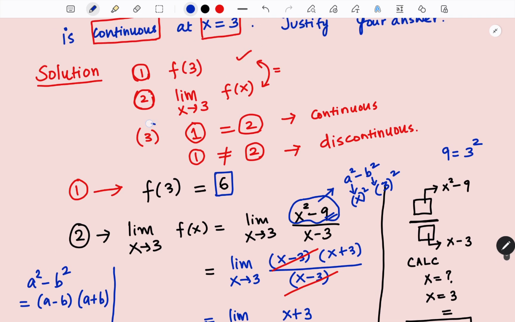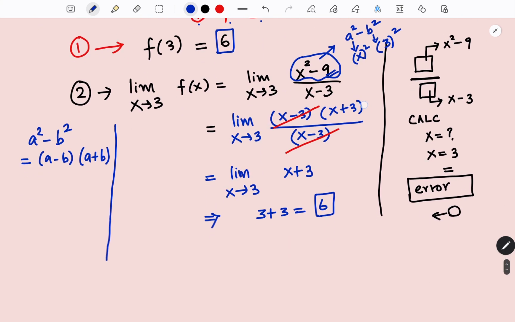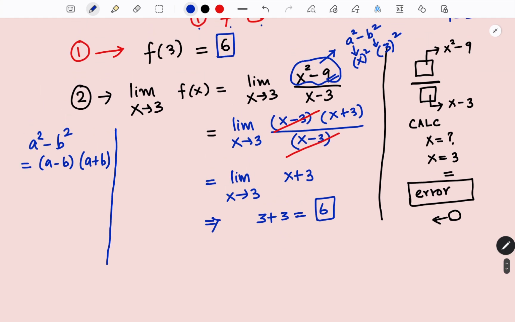Look here. What is your step number 3? If step number 1 is equal to step number 2, it is continuous. If step number 1 is not equal to step number 2, it is discontinuous. Now, step number 1 is 6 and step number 2 is also 6, so they are equal.